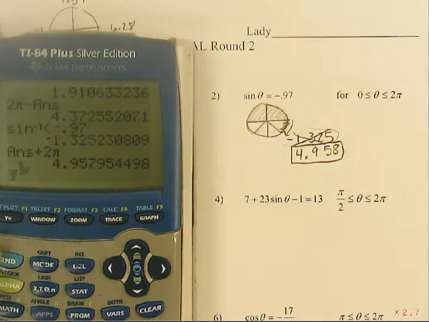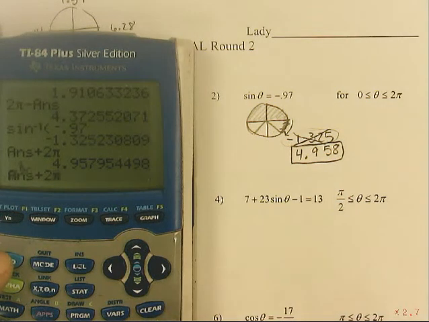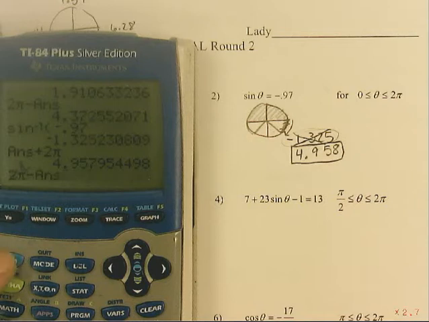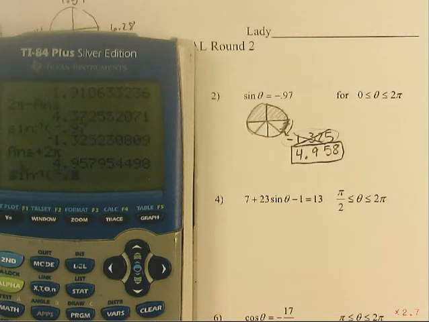So I'm going to, let's see, go back, I'll just punch it back in. Sine inverse of -0.97, enter.